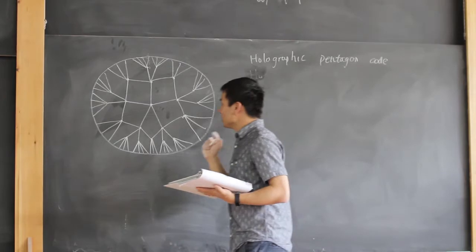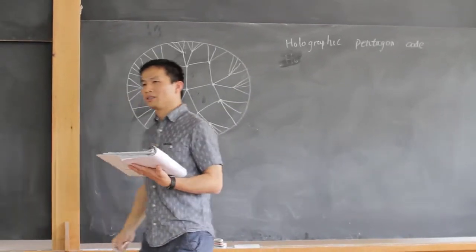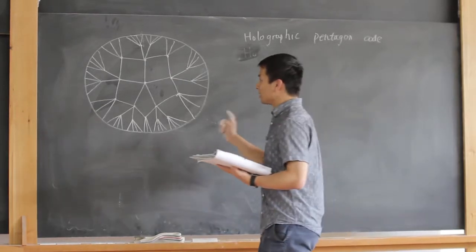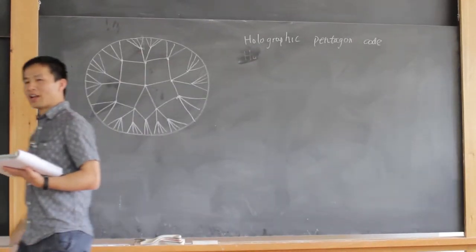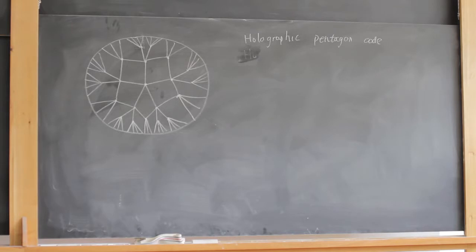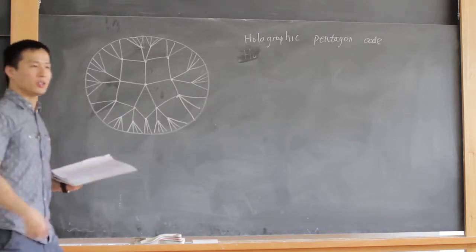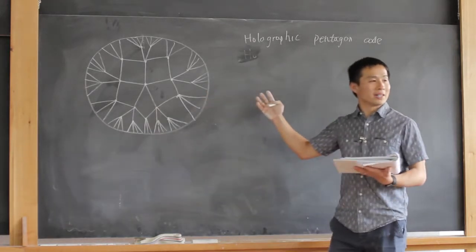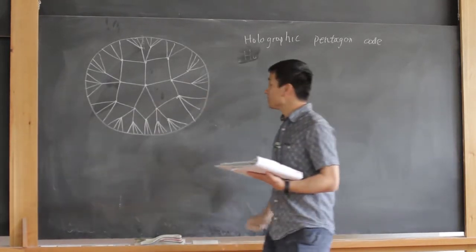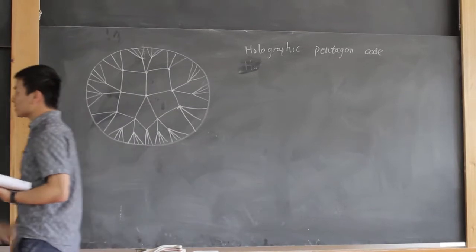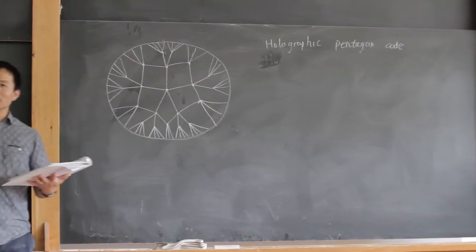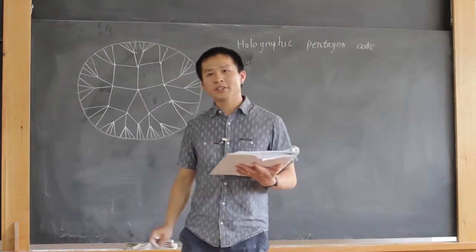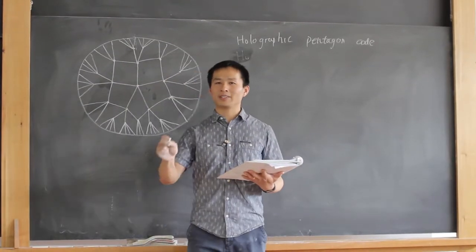And I should mention that this is not complete. You can ask, what is the symmetry of the tensor network? It turns out in this particular case, the symmetry it enjoys is the same symmetry as the graph, if you think about this as the graph. The reason for this is because the 6-index tensor that I constructed in a previous lecture this morning has a cyclic permutation symmetry for 5 of the 6 spins.